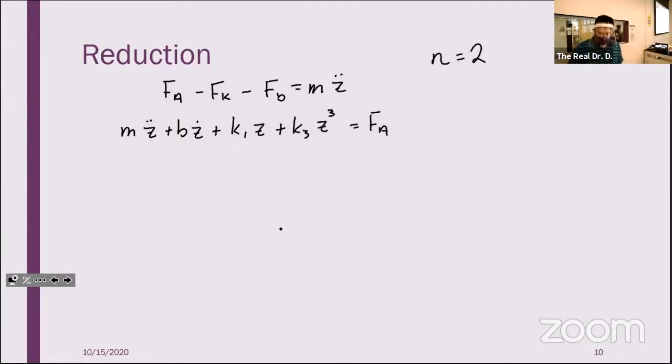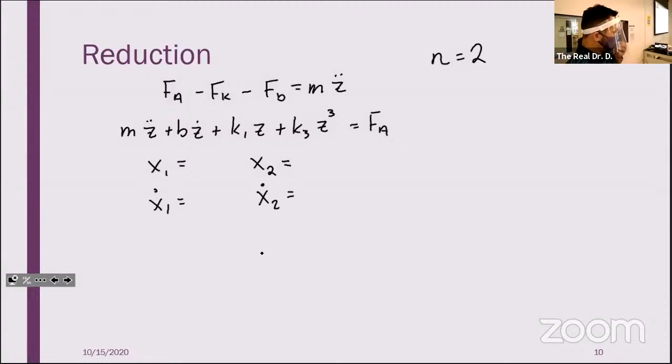Okay. So we need to define our state variables. What are we going to choose as state variables for this? So what do we put in our x1 and x2?